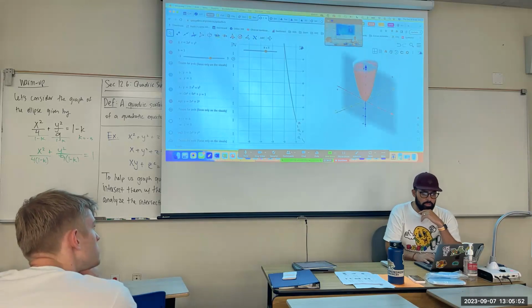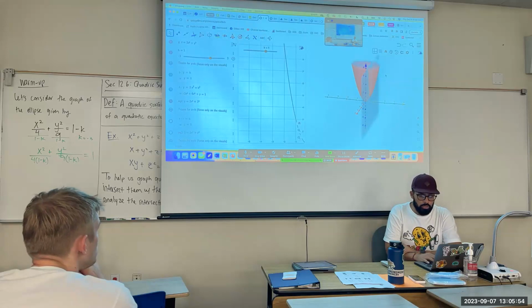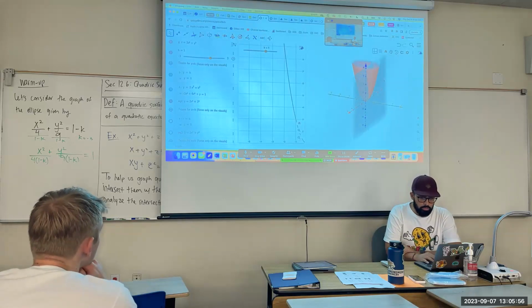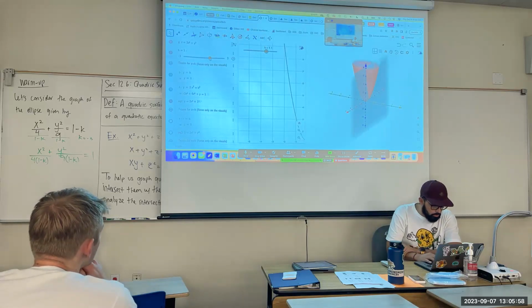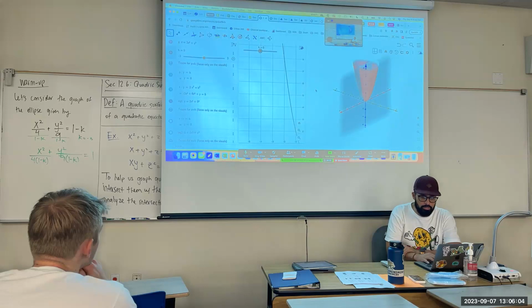Okay. And this is what we're going to do though. Let me move this to 0. Do you guys see how right now this blue plane is the xz plane? The red one is the x-axis, and the blue one is the z-axis. So this is mimicking the xz plane.